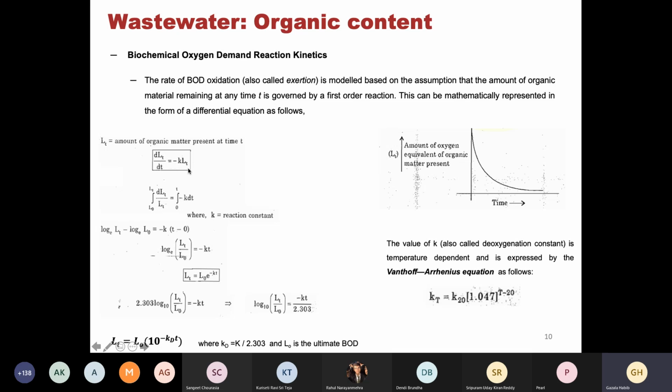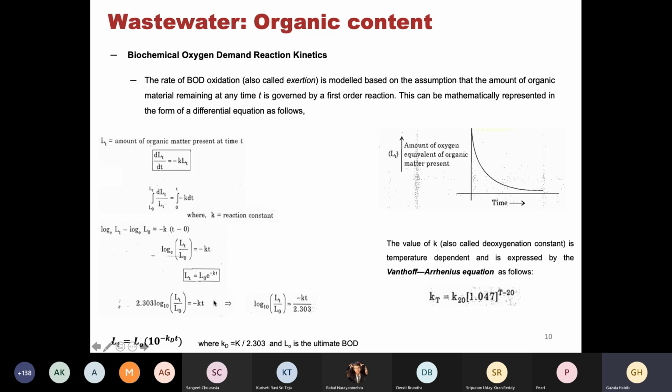So Lt is equal to the amount of organic matter present at time t, and dLt/dt is equal to minus k into Lt. Now just rearrange this equation and integrate it from L0, which is the initial amount of organic matter, to Lt, the amount of organic matter after time t, and time is from 0 to t, and you will find this equation. This is a very simple derivation.